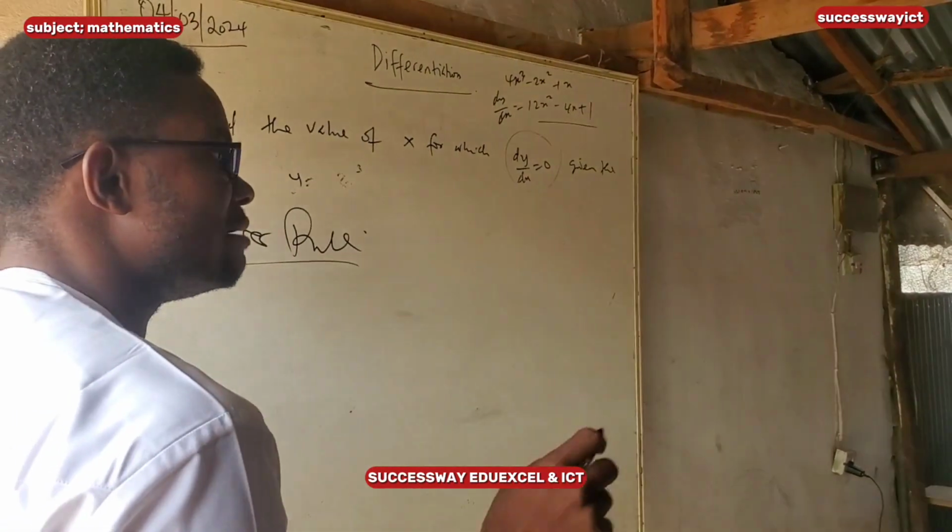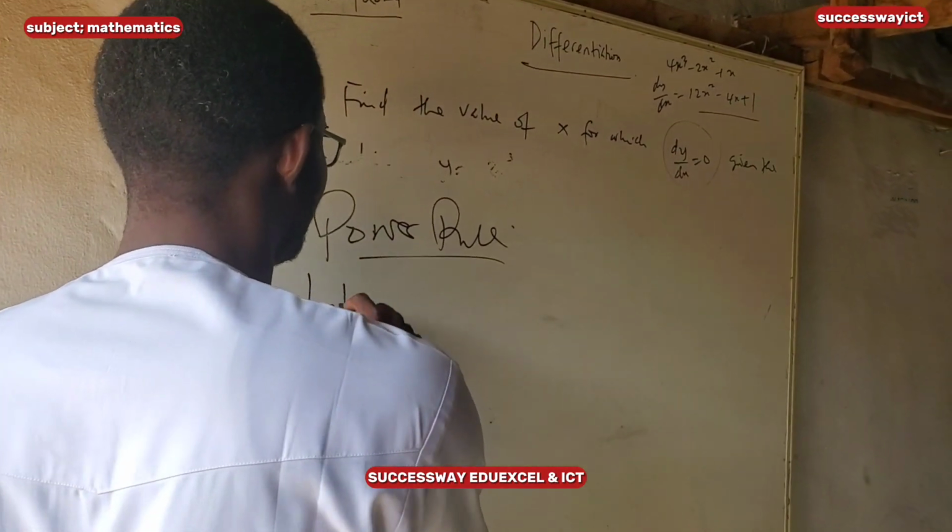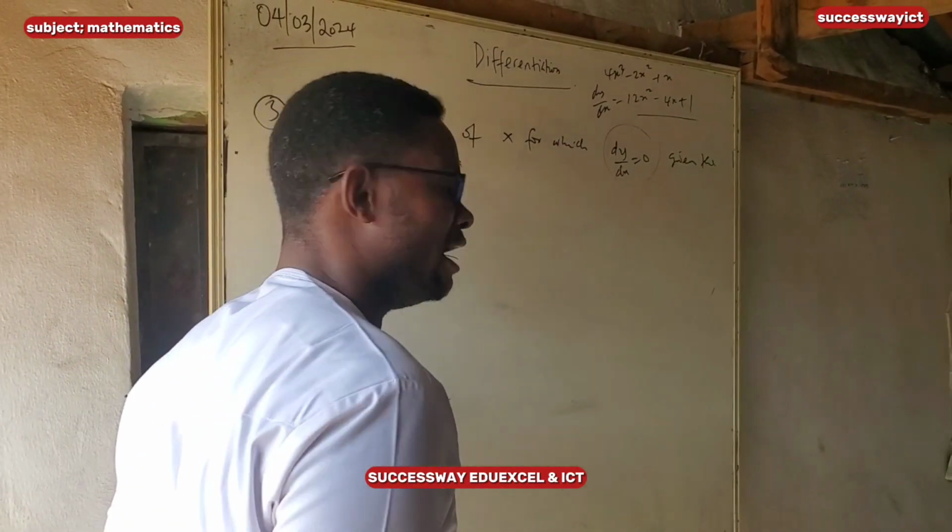Now in the power rule, you can write this down.